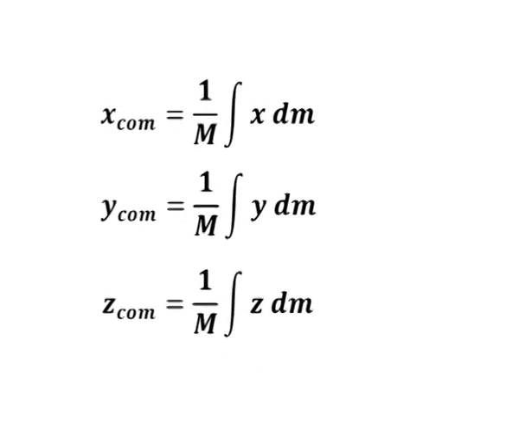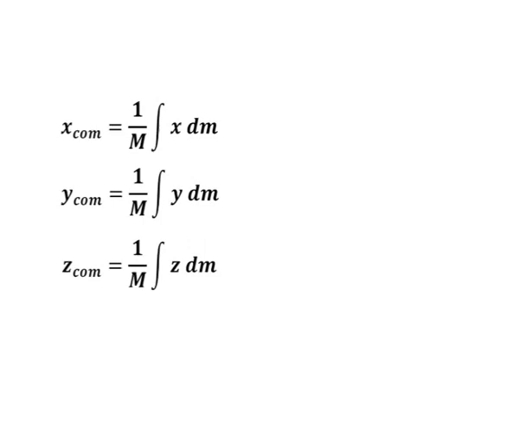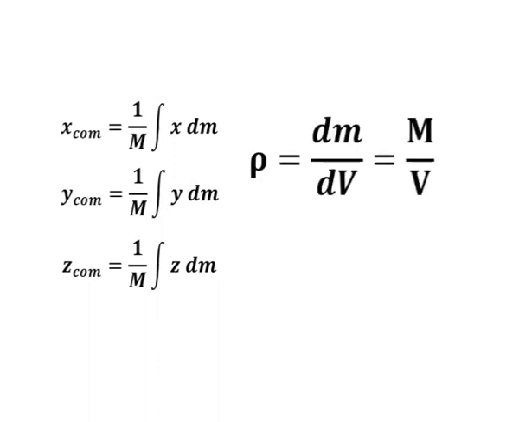So, density rho can be defined as the mass element dm divided by the volume occupied by it, dV. We can write this in equation form as rho is equal to dm upon dV and is equal to M upon V.